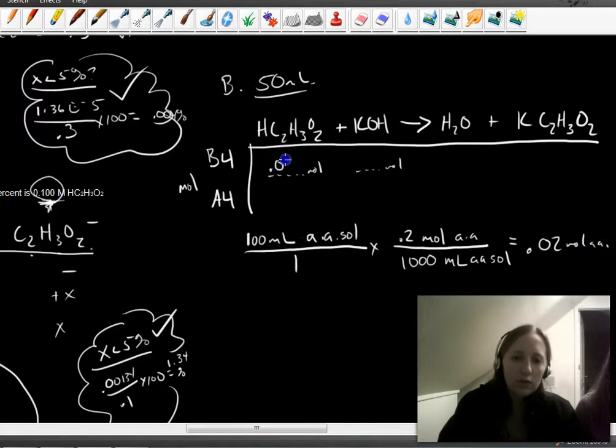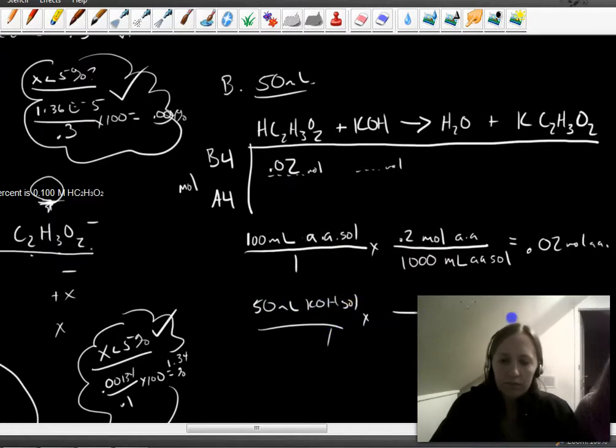So that's 0.02 moles. The KOH you do similarly, which is 50 mils of KOH solution, and that's 0.1 moles of KOH present in every 1,000 milliliters of KOH solution. And so that's 0.005 moles.